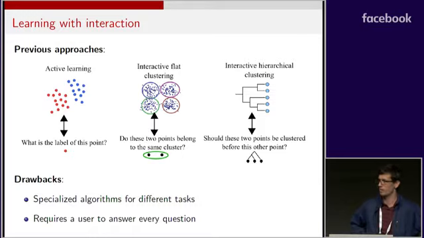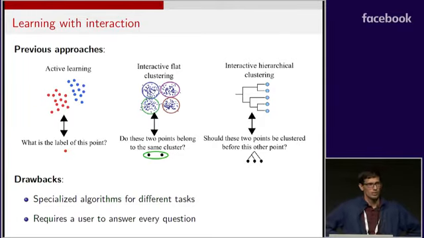The first one is that typically these have been studied in isolation, which means that whenever you want to address a new setting, you have to come up with your new interactive protocol and your new algorithm, and that can be difficult to do. Additionally, most of these settings have required the user to answer every single question that's put in front of them, even when they're unsure, which can lead to noisy feedback.